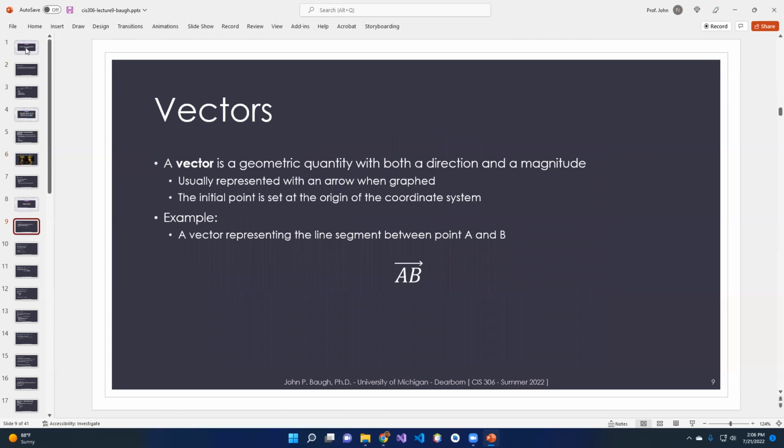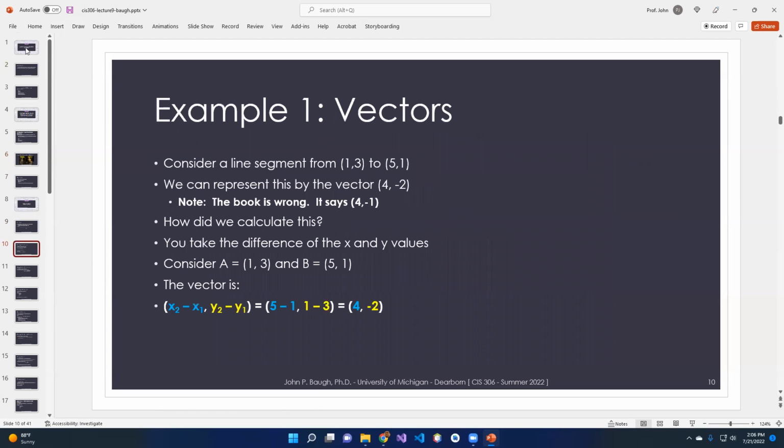So vectors are what we started with. This is our concept that it has both a direction and a magnitude. And we talked about how to take 2 points and obtain a vector from them. Basically you just do a component-wise difference, and then that yields the vector.